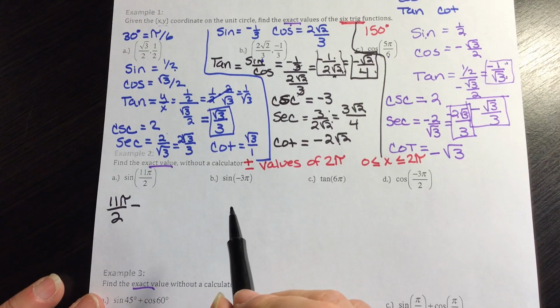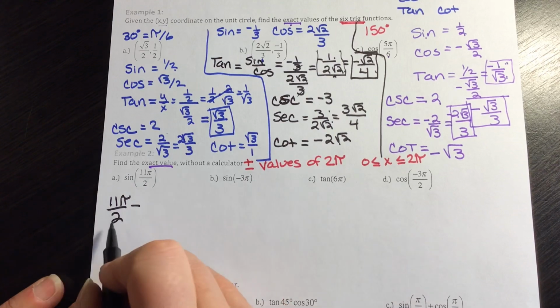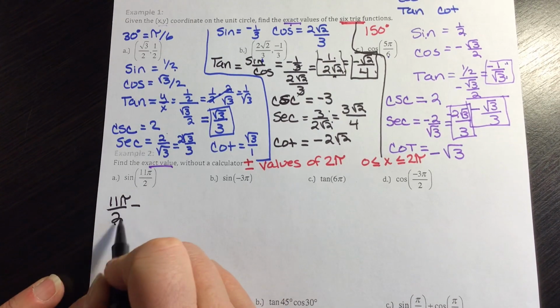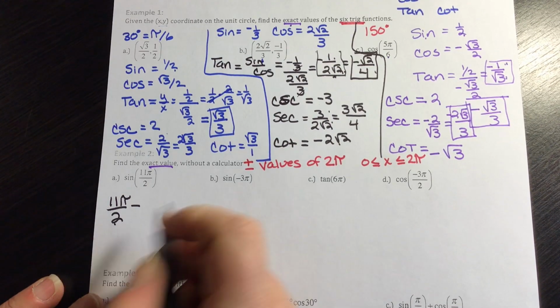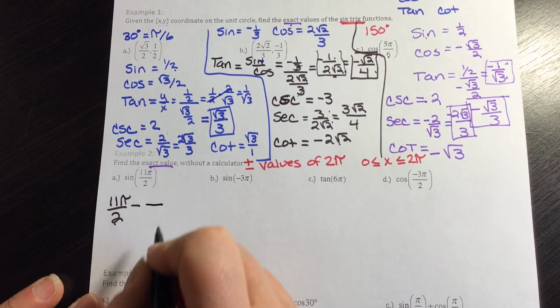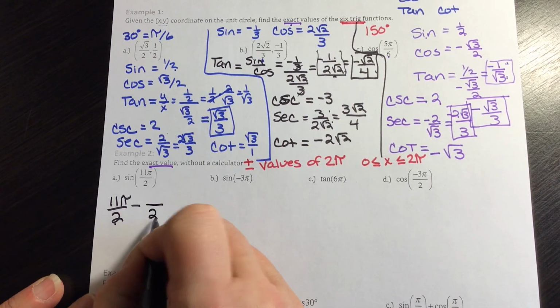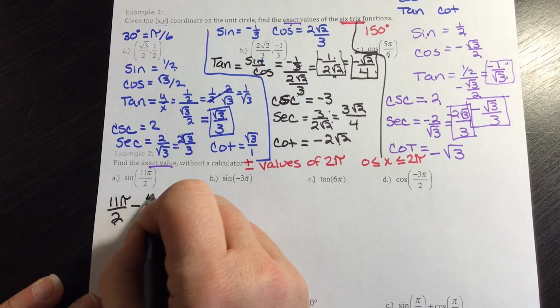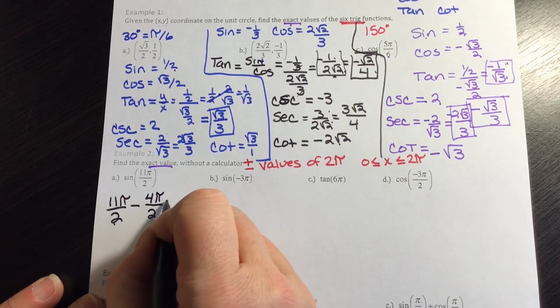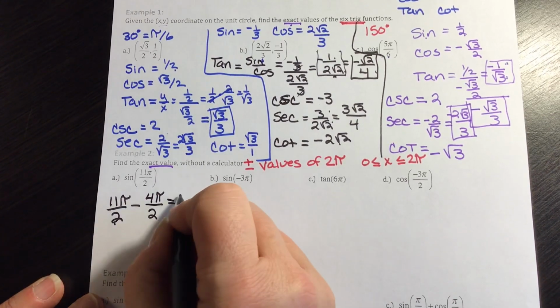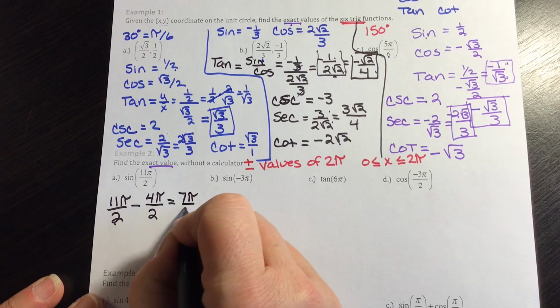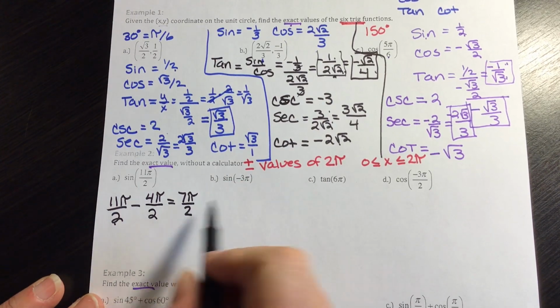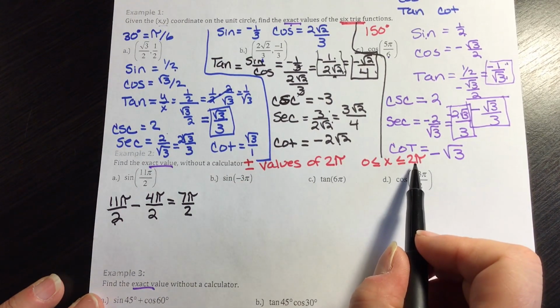So if I subtract values of 2 pi, and because I have this measured in halves, I want a common denominator. So 2 pi is the same thing as 4 pi over 2. That's going to get me to 7 pi over 2, which is still bigger than 2 pi.